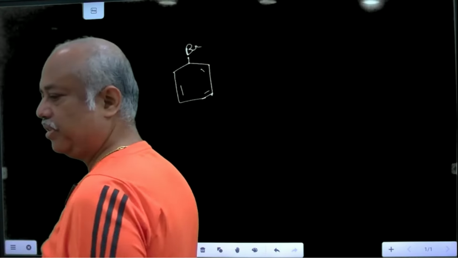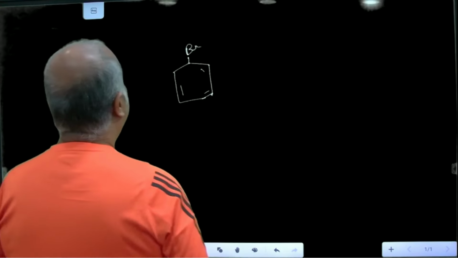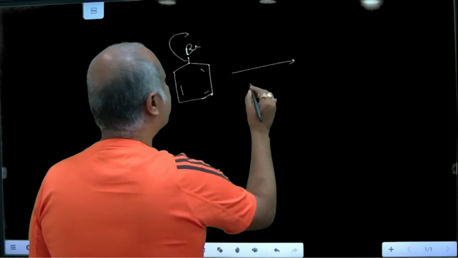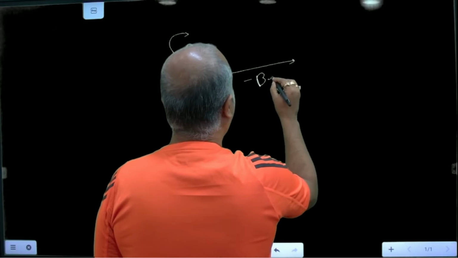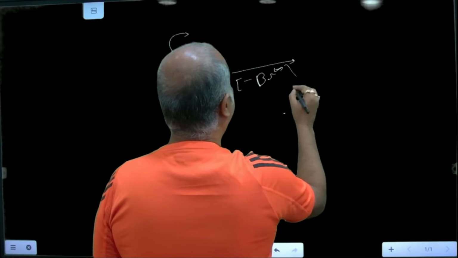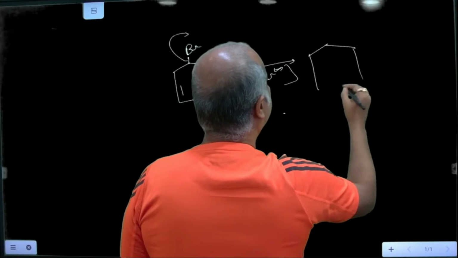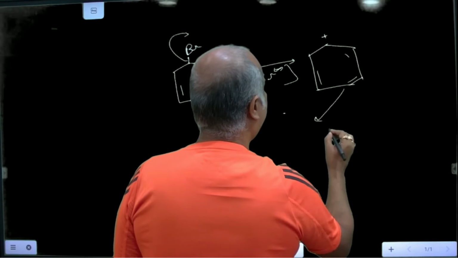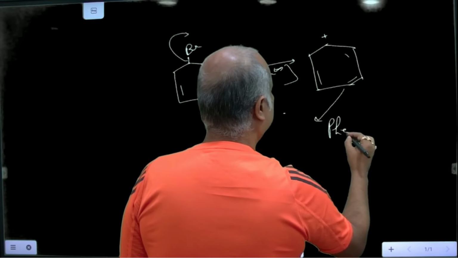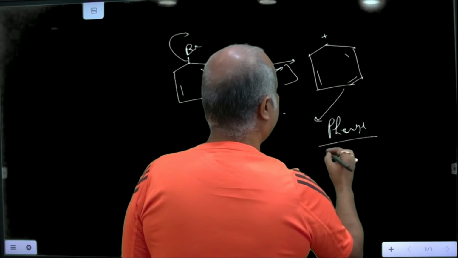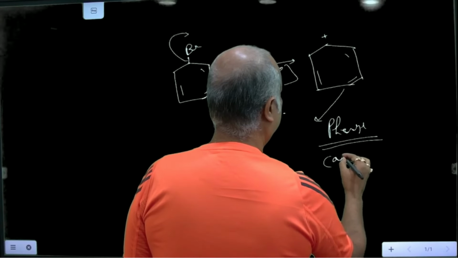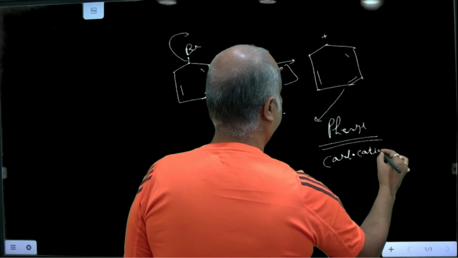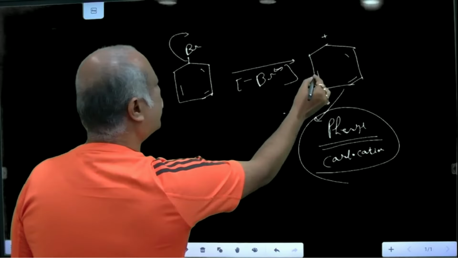When it takes the leaving group, that is the phenyl carbocation.